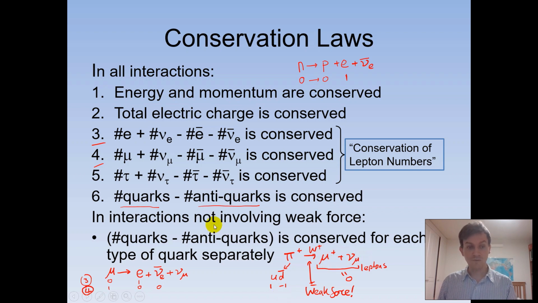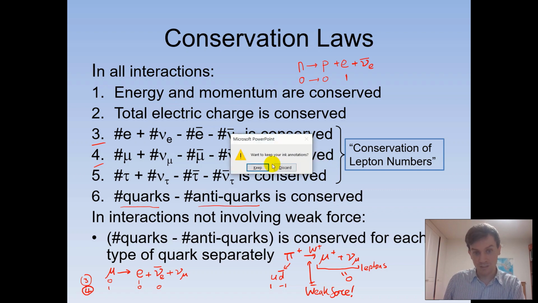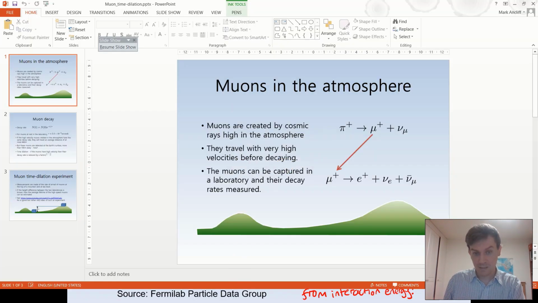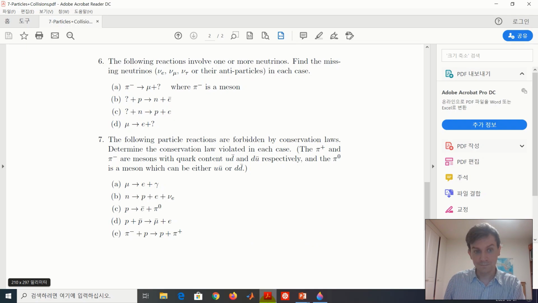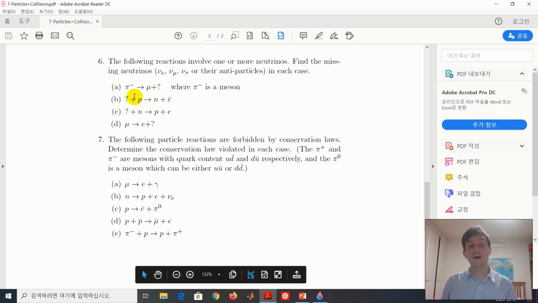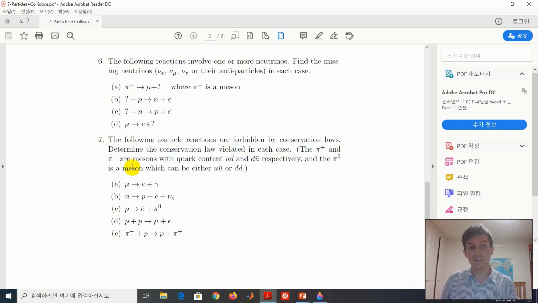Okay, right, so these are all the conservation laws. So there's a question on the worksheet about it. So if we look at the week's worksheet, here, okay, questions 6 and 7 are about these particle interactions and looking at these conservation laws.